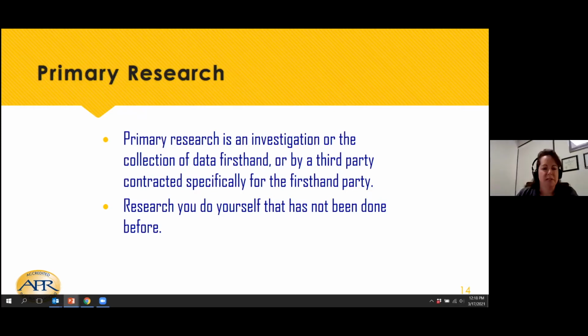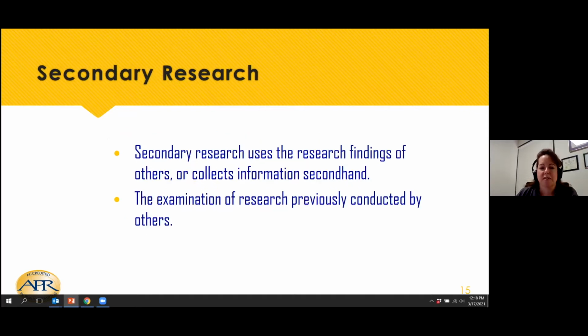Primary research. This is research, an investigation of data that you're collecting firsthand or by a third party that you contract specifically for the firsthand party. So it's research that you do yourself that has not been done before. And it can be done by you or someone you hire on your behalf, but it is research that is being done by you, your organization, or a third party that you hire, versus secondary research, which uses the research findings of others.